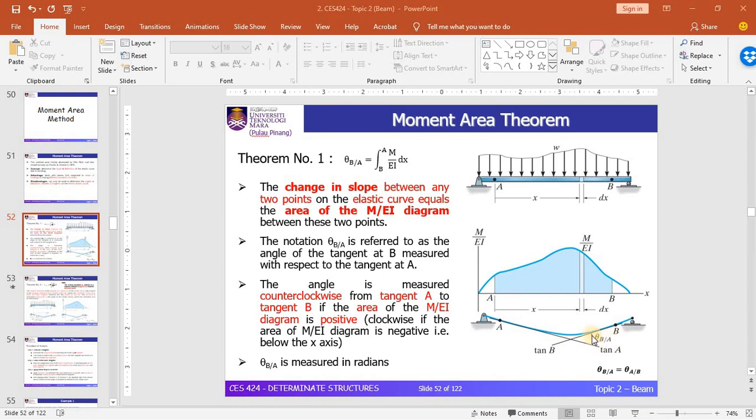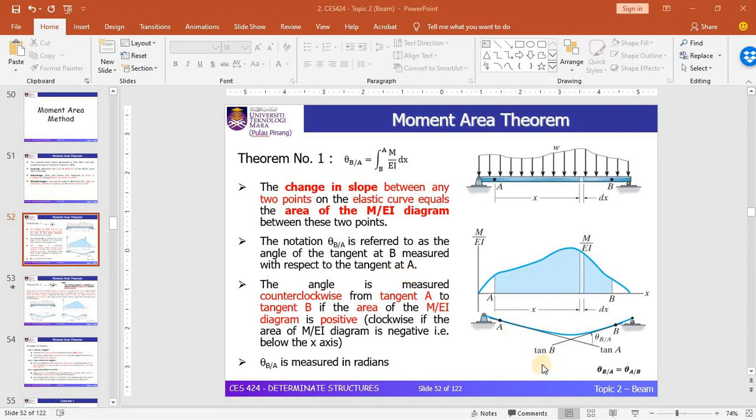This is the change in slope, and it can be calculated by using the M/EI diagram. The shaded area from A to B represents the change in slope theta BA. The notation theta BA refers to the angle of the tangent at B measured with respect to the tangent at A.